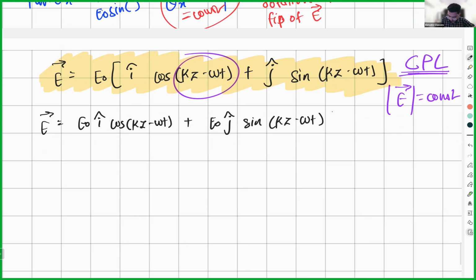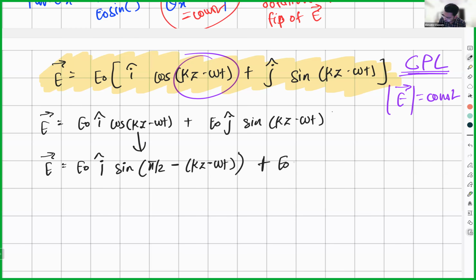Next step, I can write the i cap term as E naught i cap sine of pi by 2 minus (kz minus omega t). This and this are the same. Plus E naught j cap sine of kz minus omega t.